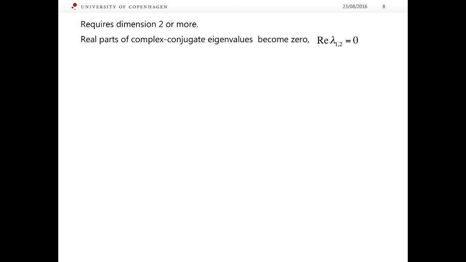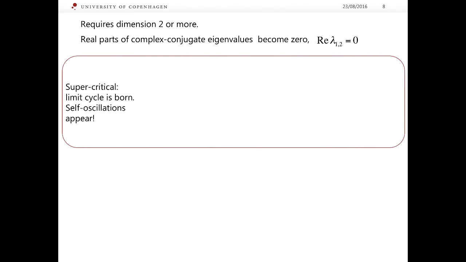Andronov-Hopf bifurcation comes in two versions. The first version is supercritical. Consider the phase plane before the bifurcation. Before the bifurcation, we assume that the fixed point was a stable focus, which meant that the real part of its eigenvalues was negative.